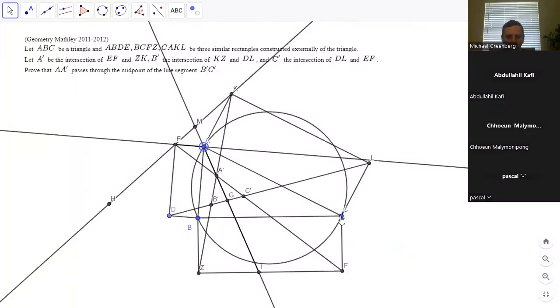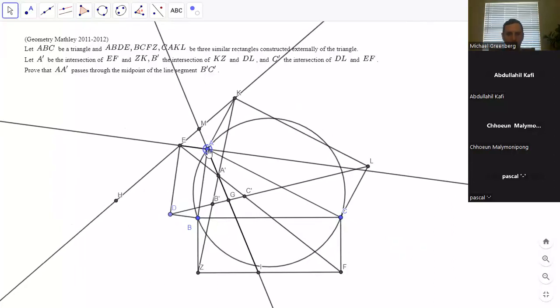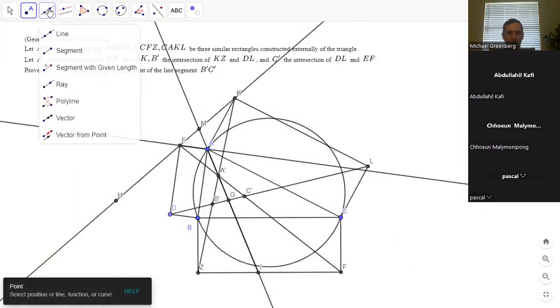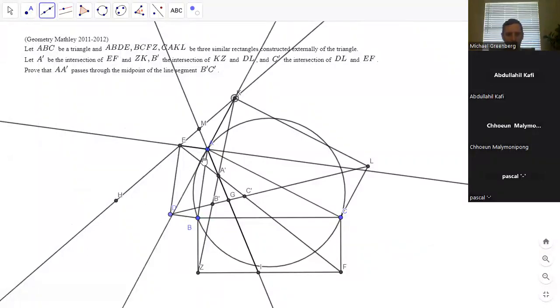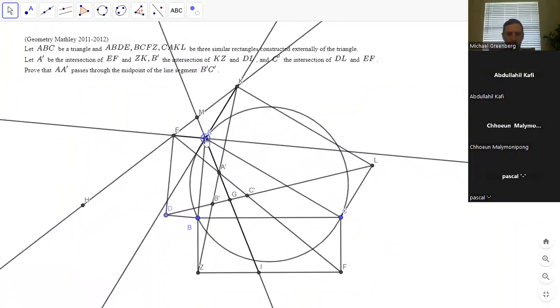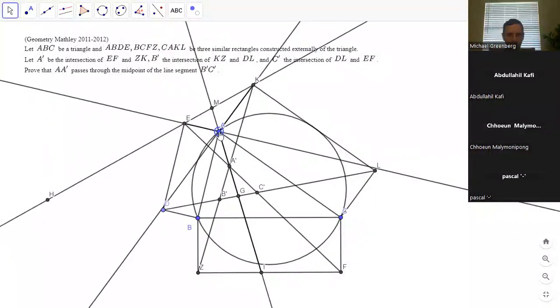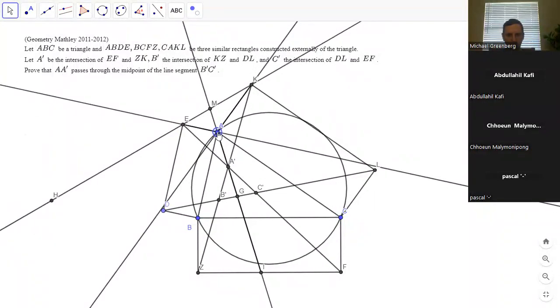Okay, so something like this. I'm projecting through A onto this circle. So this would go to the antipode of B, and K would go to the antipode of C, and M would go to just some other point that I don't know yet. Okay, so like this.